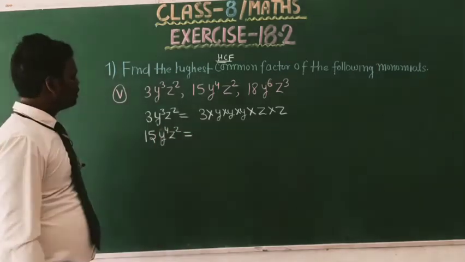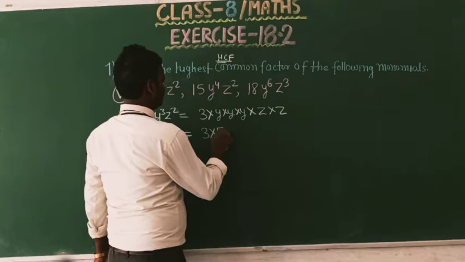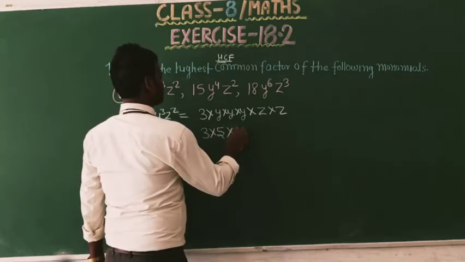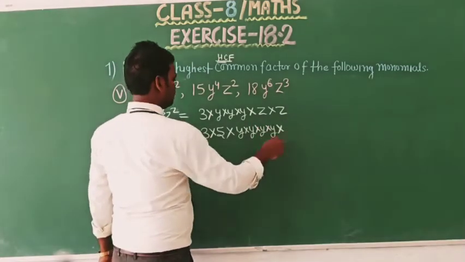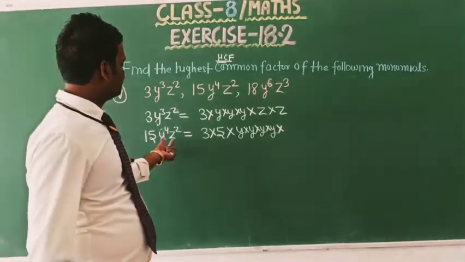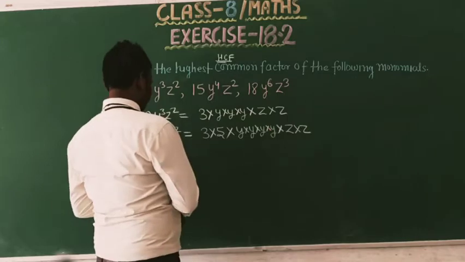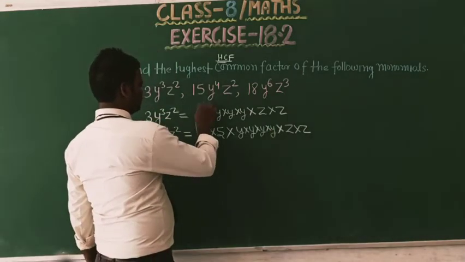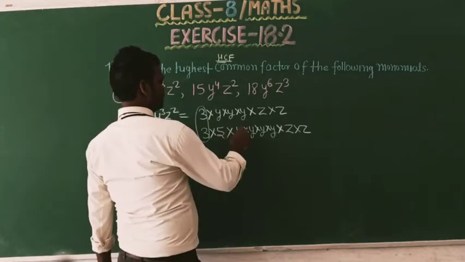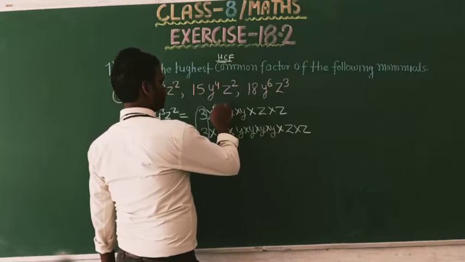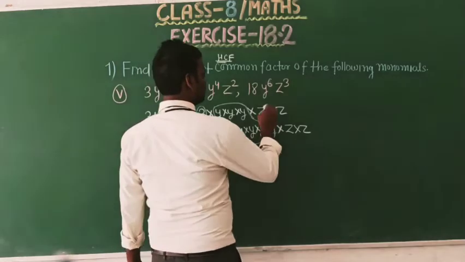This is written as 3 into 5, the product of, and 4 times y means y into y into y into y, and the product of z, 2 times, z into z. Here 3 is common in both expressions, and 3y is common, and 2z.